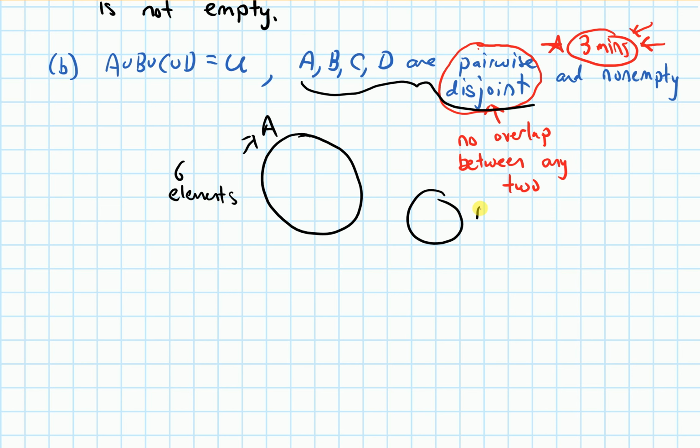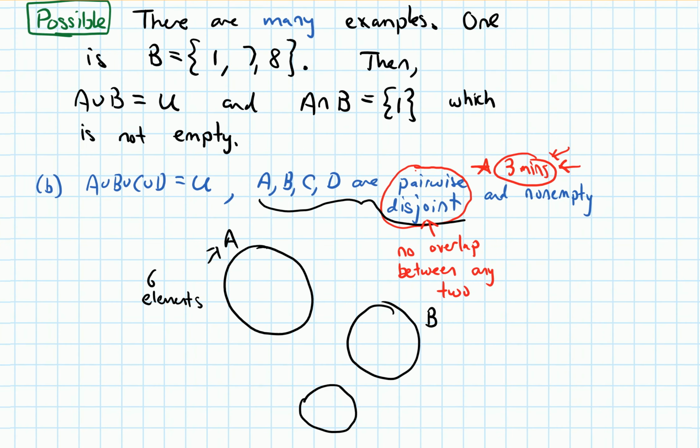And then if I draw a circle for B, a circle for C, and a circle for D, there can't be any overlap between any two of the circles. That's what pairwise disjoint means.